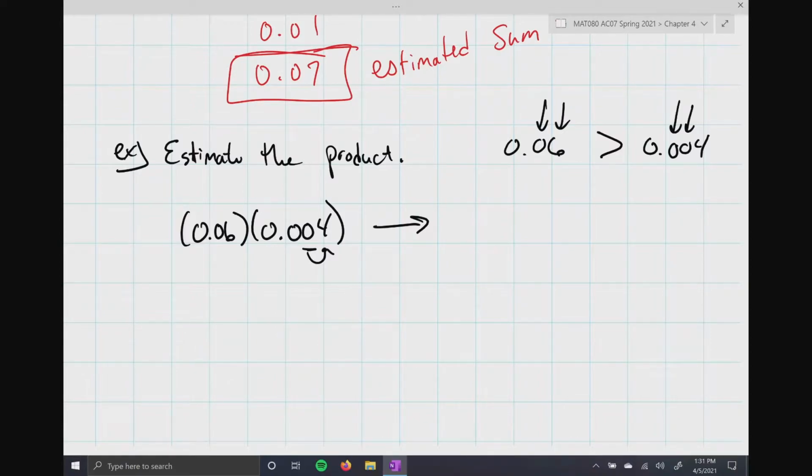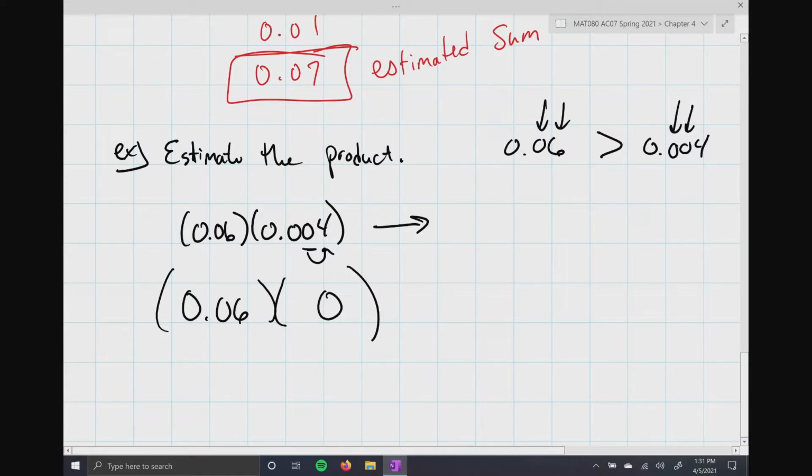Now, here's the problem. If I were to round that, it rounds to basically what? 0, right? Because you underline the place value, you look to the right, that's a 4, so that 0, which is the underlined position, is going to stay the same. So notice you get an answer of 0.